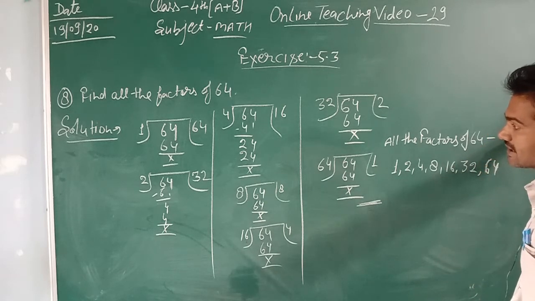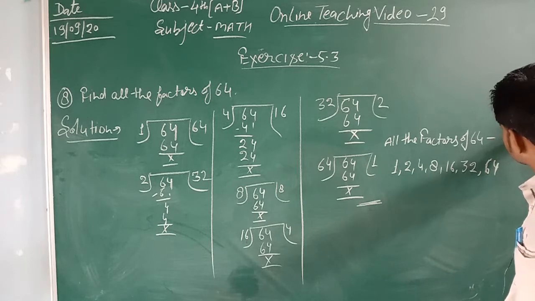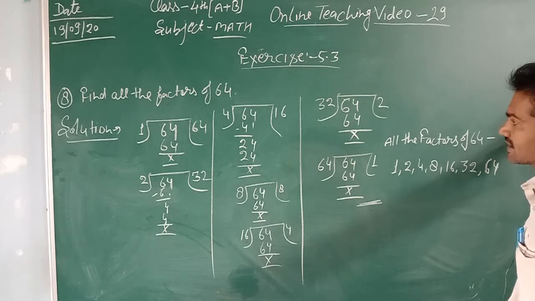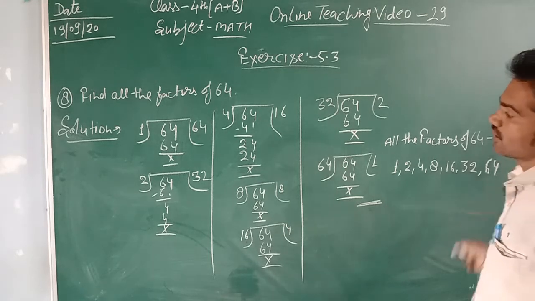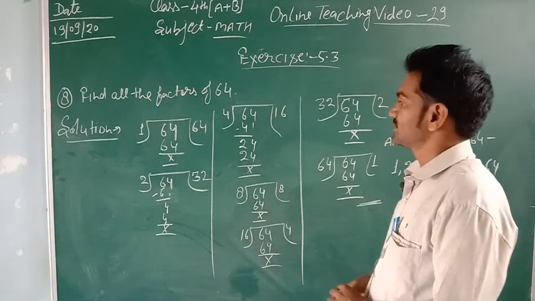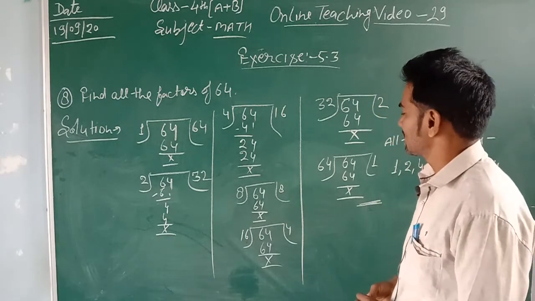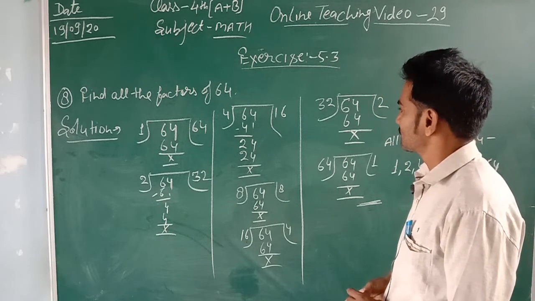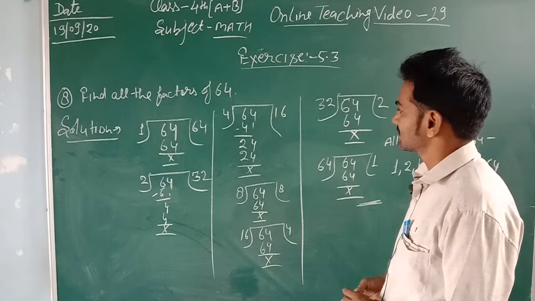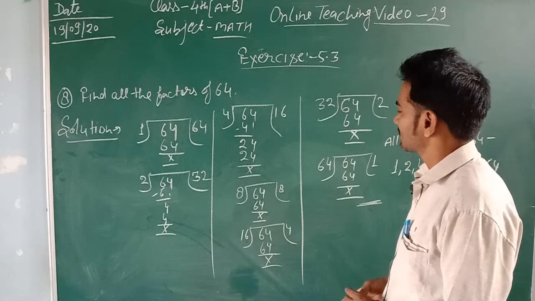So for 5 the number should end in 0 or 5, but the unit digit here is 4, so it is not divisible by 5. Now 6, for the divisibility of 6 the number should be divisible by 2 as well as 3. So 64 is not divisible by 3, so we can say 6 is not a factor of 64.